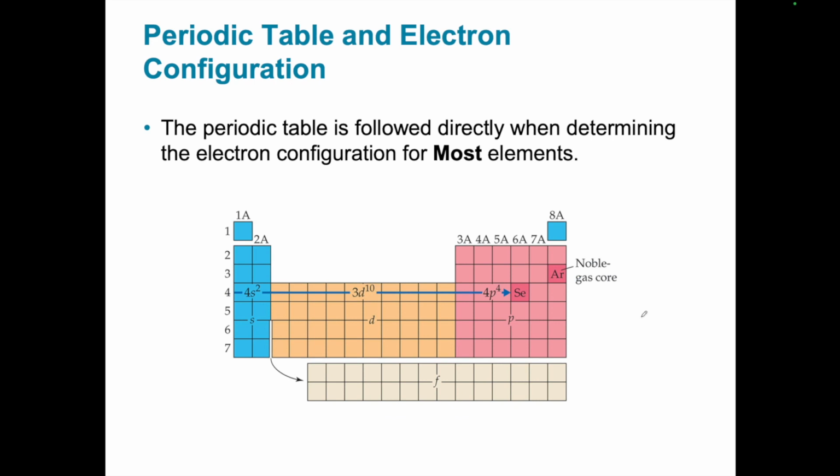The one thing that I do want to take note of here is that remember how I told you that the principal quantum numbers tell you the level the electron is in, the n equals number or the energy level. So for most of the representative elements, the period or the row number tells you that. When you say something like 4p3, that 4 definitely means this row right here, the 4th row.